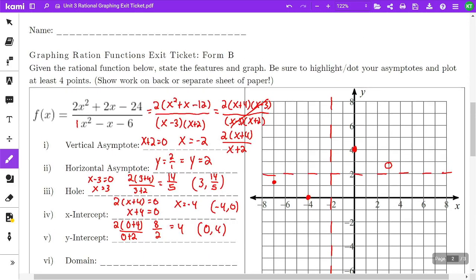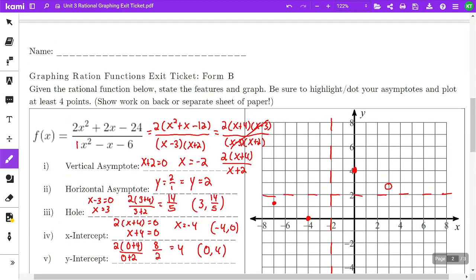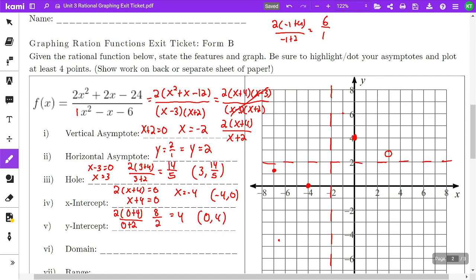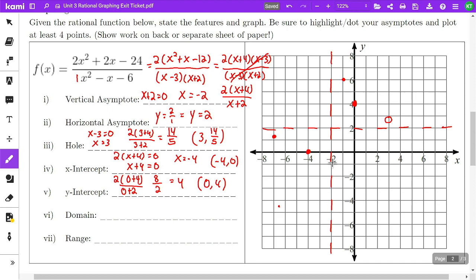So 2 times negative 1 plus 4 divided by negative 1 plus 2. Negative 1 plus 4 is positive 3, times 2 is 6 divided by 1. So it'll be at 6. So if I go up 1, 2, 3, 4 and to the right 1, I can go down 4, 1, 2, 3, 4, and to the left 1.